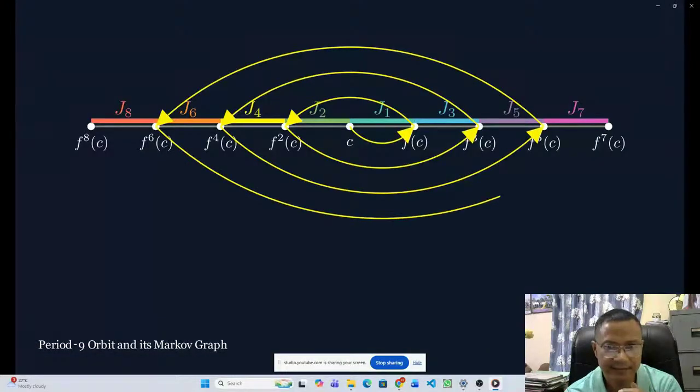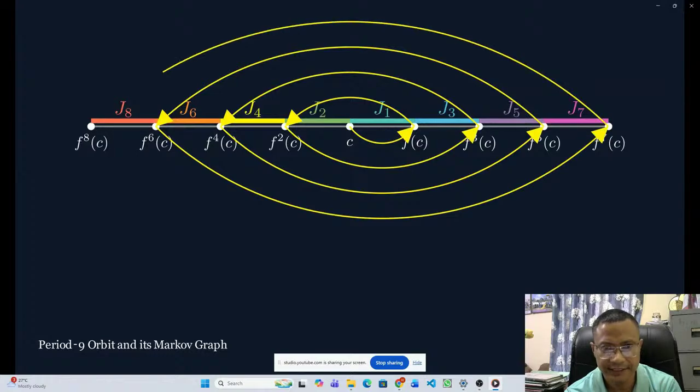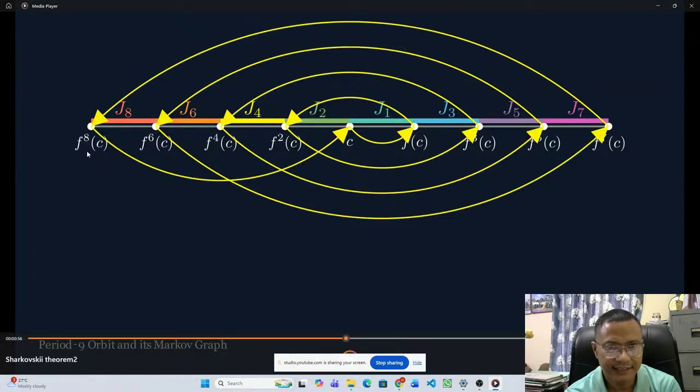It continues this beautiful configuration as a phase portrait. Then finally f8 of C goes to f9 of C, which is C, because it is a periodic point of period 9, it should come back to the original C. So there are lots of phase portraits of periodic points of period 9.